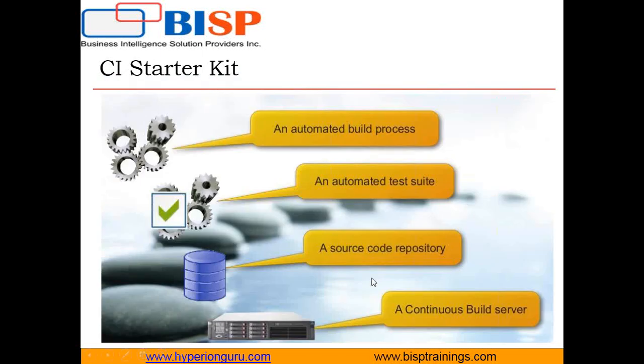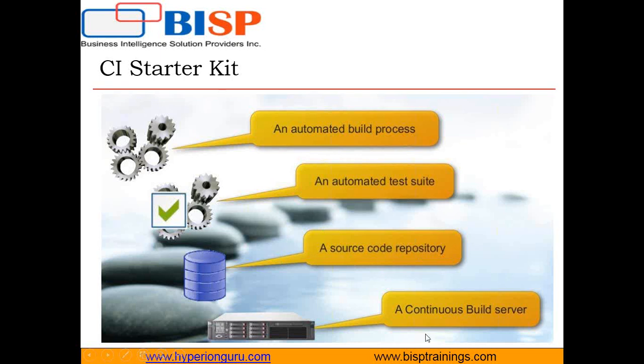Next we have a CI starter kit, that is, how we are going to start CI. First of all, we should have an automated build process. Then we set up an automated test suite. Then we set up a source code repository, and in our case we will set up Git as the source code repository.